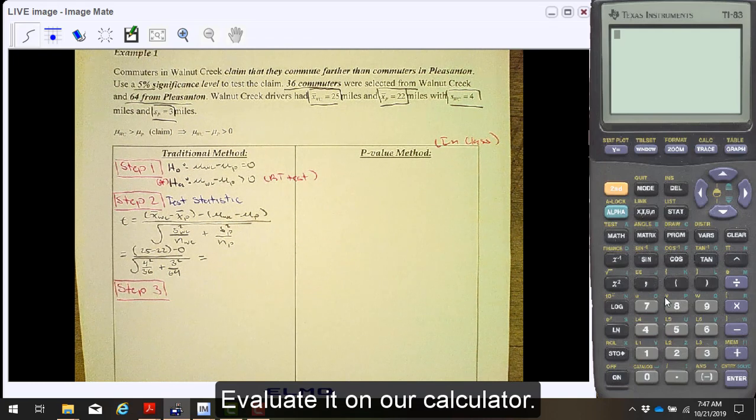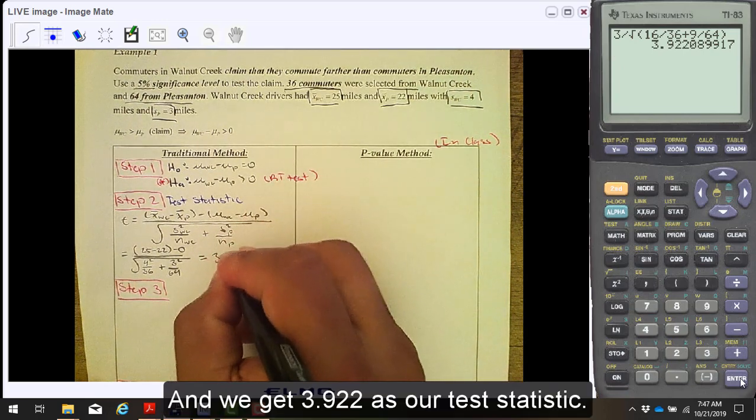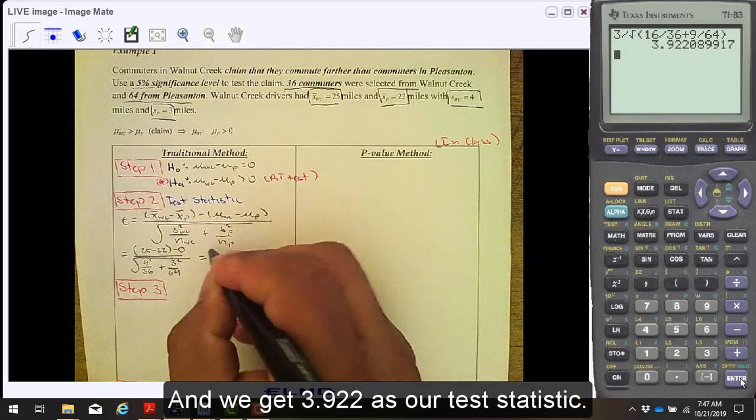Evaluate it on our calculator. And we get 3.922 as our test statistic.